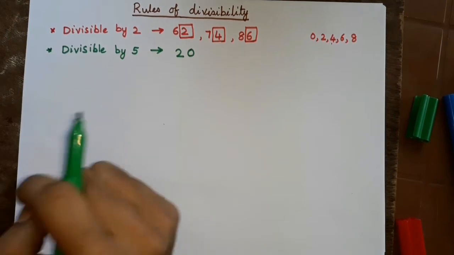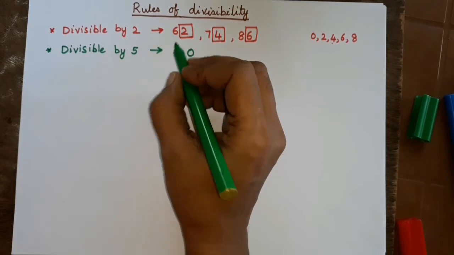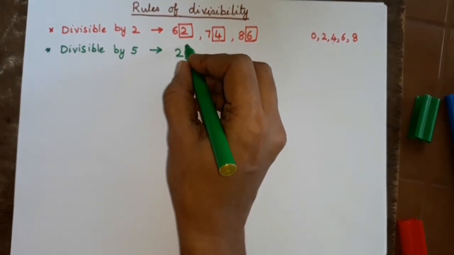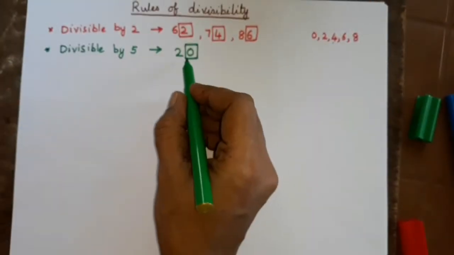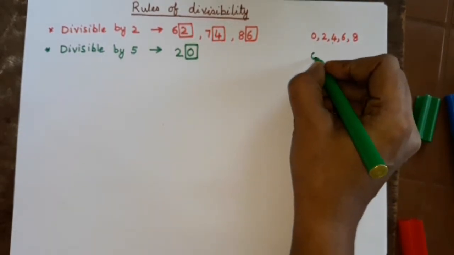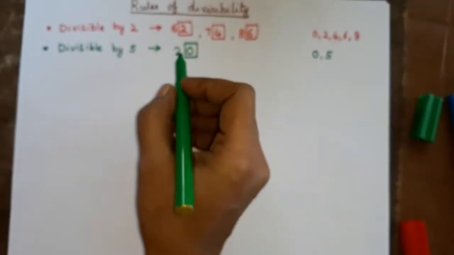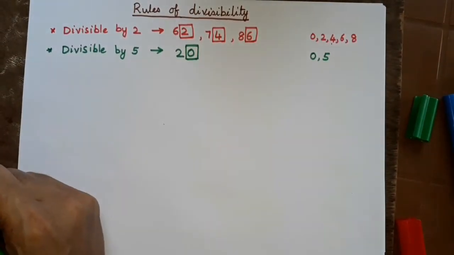So the rule is the same as the rule for 2. We will take the digit in the ones place. Here it is 0. If it is 0 or 5 in the units place, the given number will be divisible by 5.